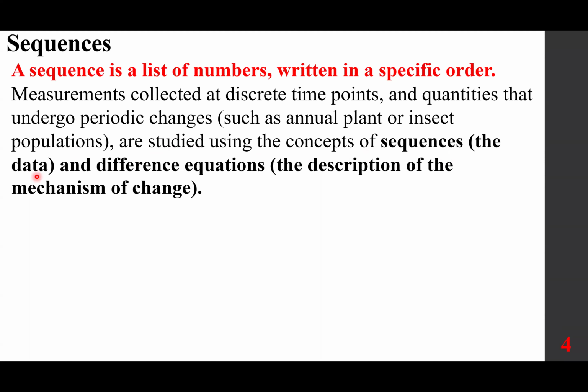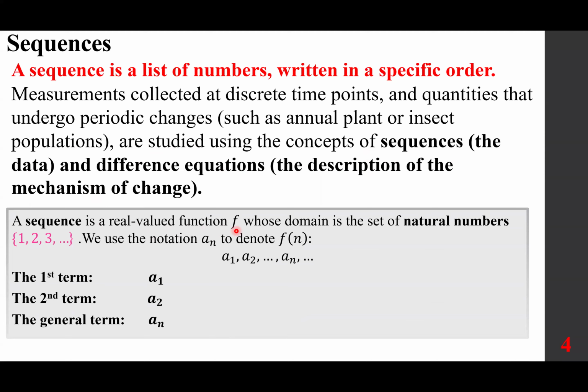A sequence is a real valued function f whose domain is the set of natural numbers, 1, 2, 3 to infinity. Use the notation a sub n to denote f of n. So the first term, a sub 1, the second one, a sub 2, and a general term, a sub n.